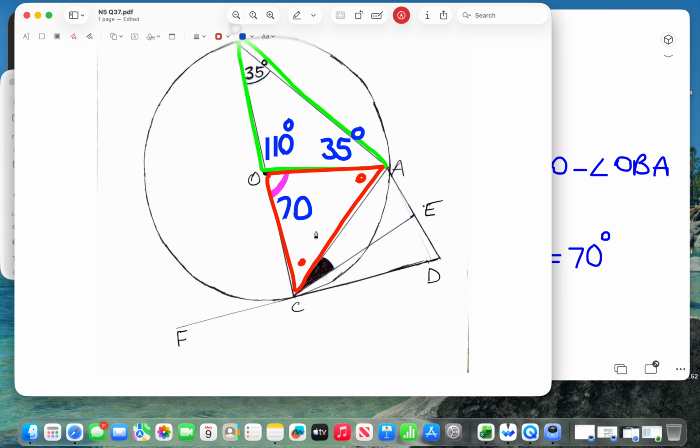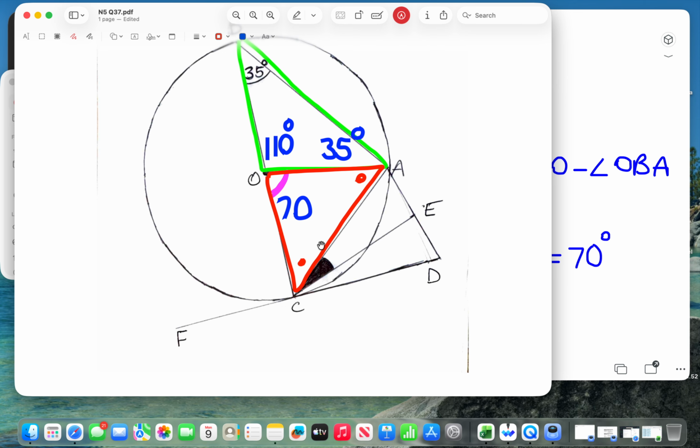So the two sides opposite those are the same length. So the two angles must be the same. And angles in a triangle add up to 180. So 180 minus 70 is 110. But that has to be divided up equally. So you would get 55.